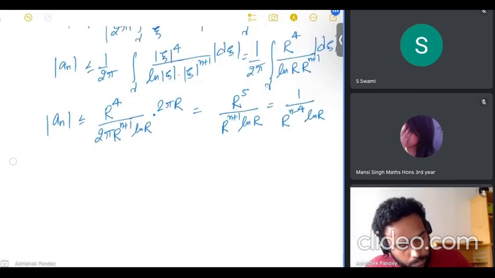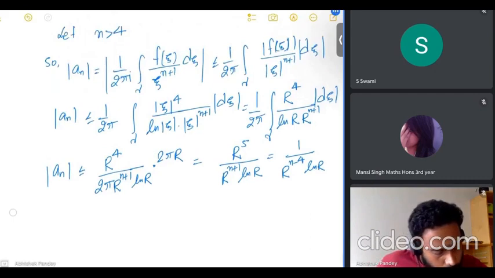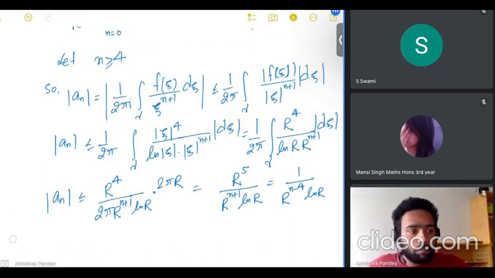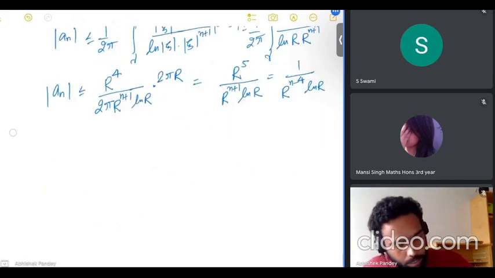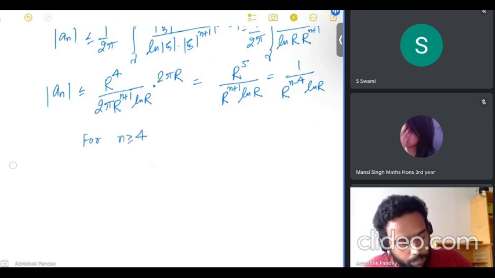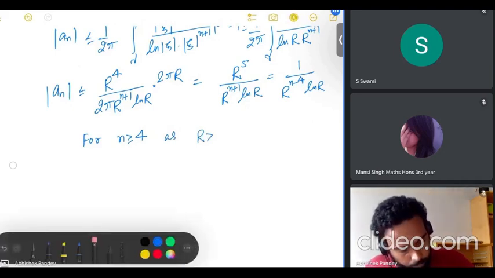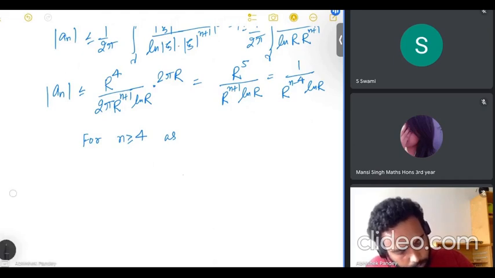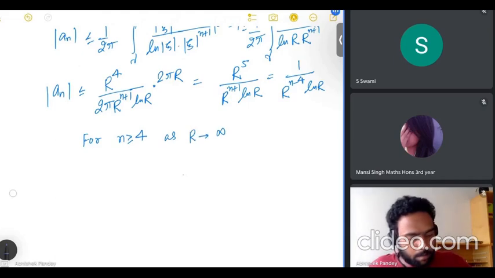Okay, so if n equals 4 and r tends to infinity, this is again fine. So here let n be greater than or equal to 4, no need to just take n greater than 4. So for n greater than or equal to 4, as r tends to infinity, this RHS will tend to 0.